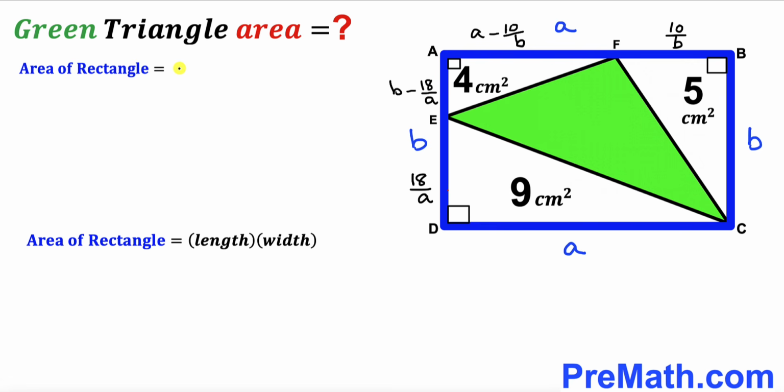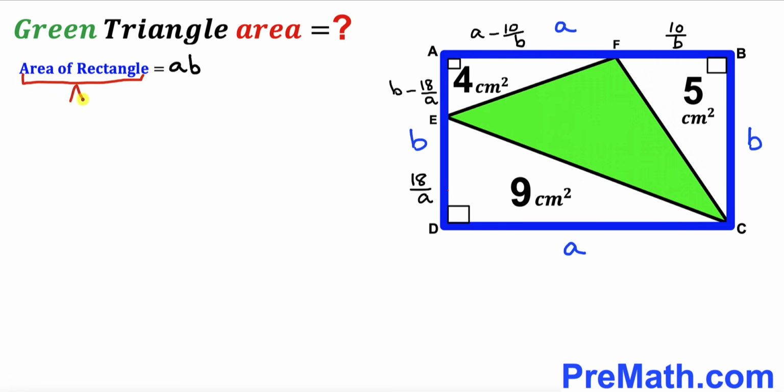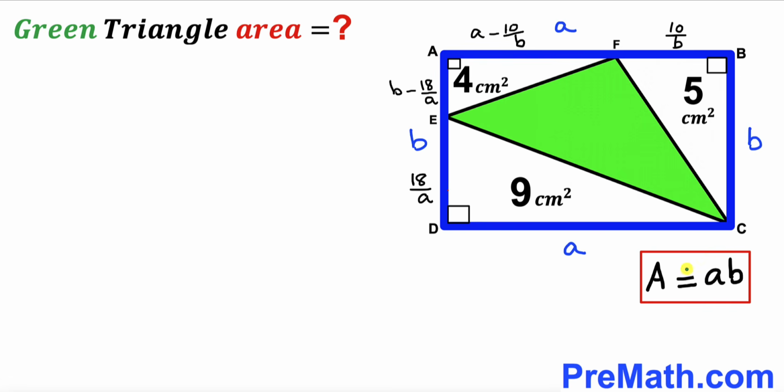So this blue rectangle area is simply a times b. I'm going to label the area of this whole rectangle as uppercase A. So uppercase A is going to be written as a times b.